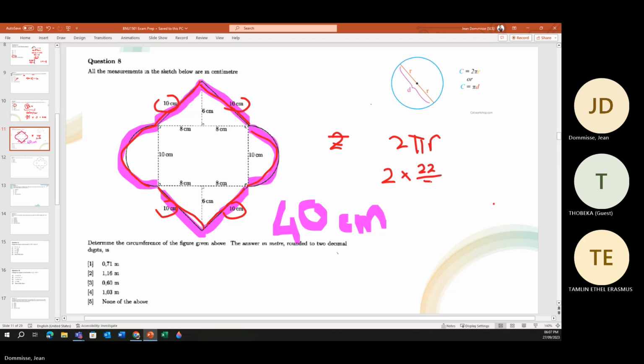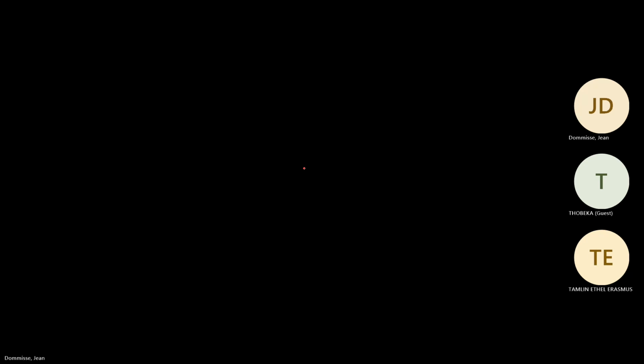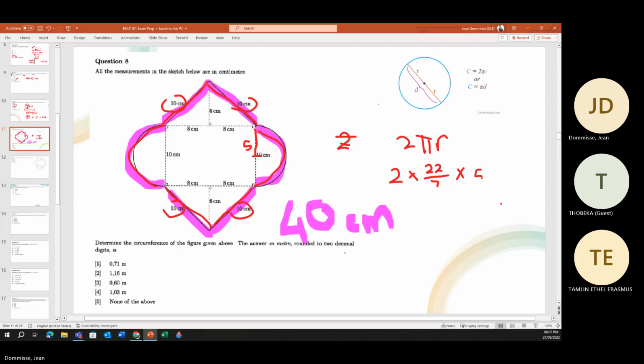So it's 2 times pi, which is 22/7. And your radius is actually only 5. Okay, so let's see if that is a nicer number to work with. 22 divided by 7 times 2 times 5.